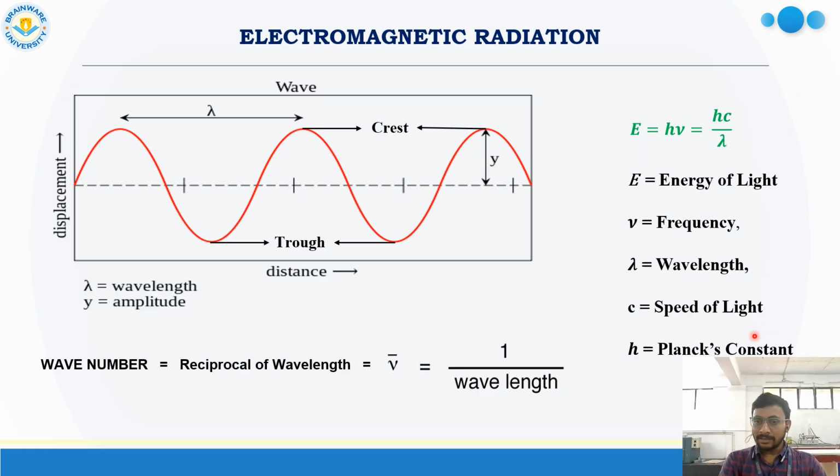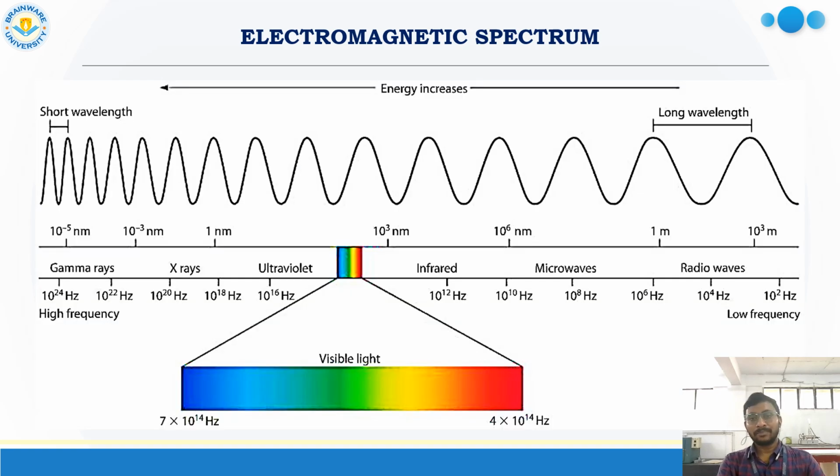That is a constant, h is a constant, and as you can see, E is inversely proportional to the wavelength, where lambda is the wavelength. So energy is directly proportional to frequency and inversely proportional to wavelength.